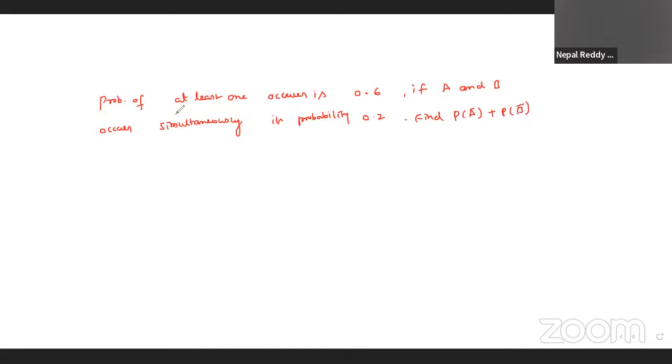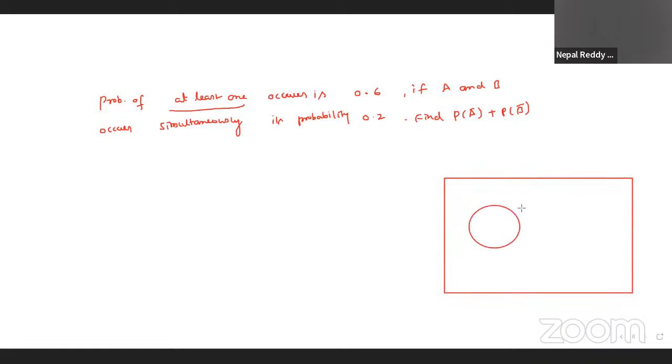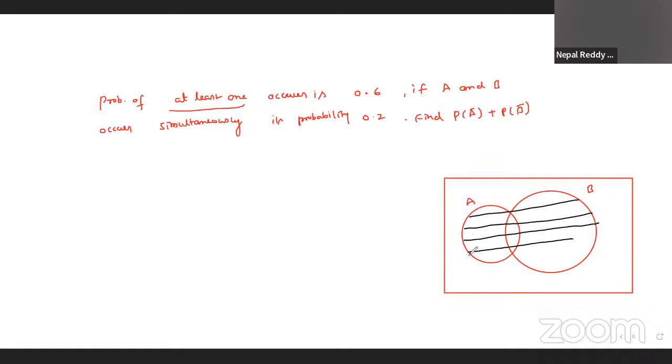At least one event is nothing but, in the figure, suppose this is A and this is B. At least one of A, B is nothing but the A union B part. Why? Because A consists only A, the A intersection B part consists both, and B consists only B, right? So the meaning of at least one is maybe one or two.